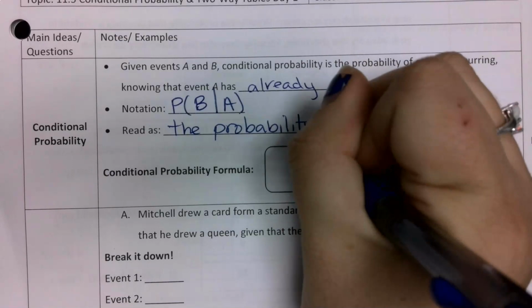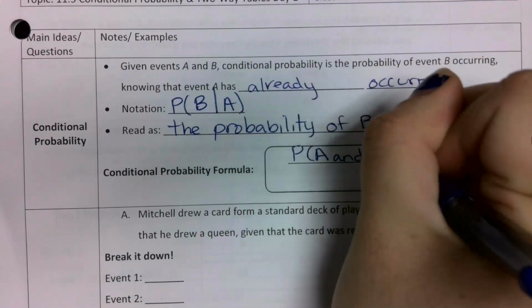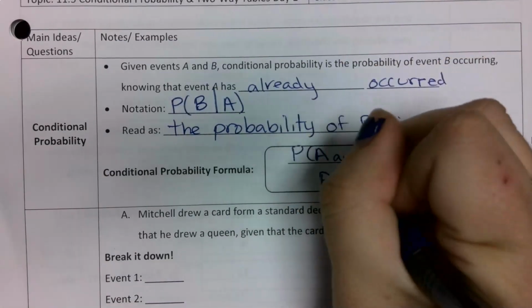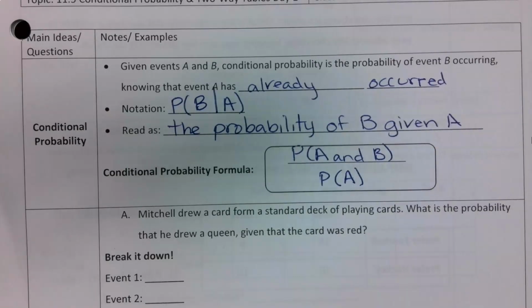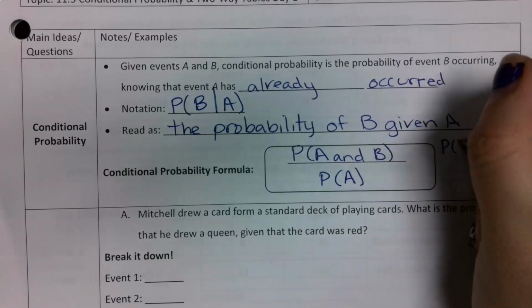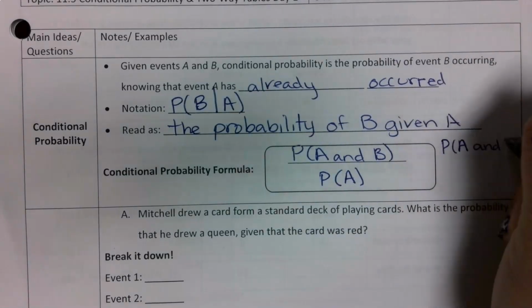It's the probability of A and B over the probability of A. And remember, the probability of A and B is found by multiplying the individual probabilities together.